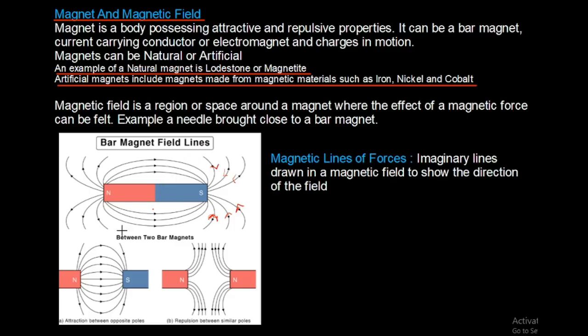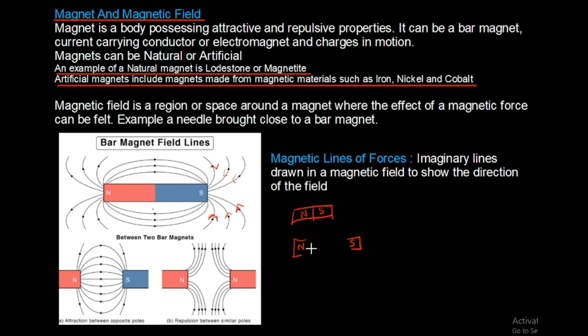Now, let's say we have an isolated north pole or an isolated south pole, though in reality that does not exist. What I mean is, if you have a bar magnet which has a north pole and then a south pole, and I break this bar magnet into two, normally you would expect to have north here and south separated, but that is not possible.